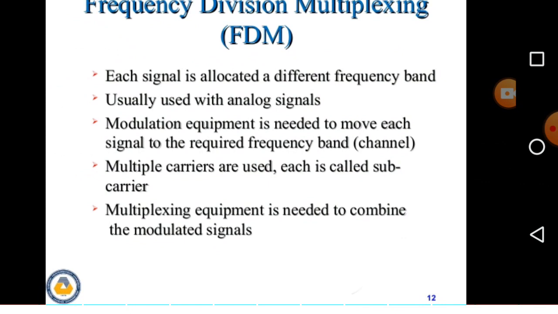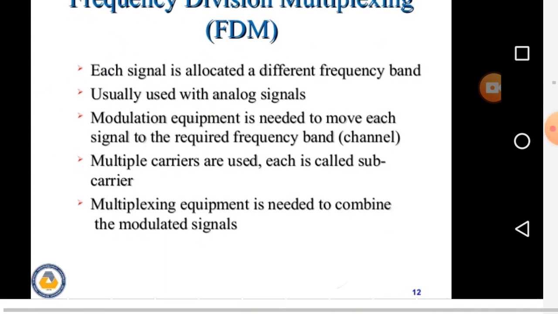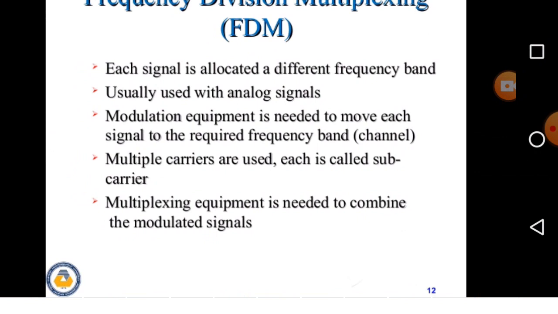Each signal is allocated a different frequency band, usually used with analog signals. Modulation equipment is needed to move each signal to the required frequency band. Multiple carriers are used. Each is called a subcarrier. Multiplexing equipment is needed to combine the modulated signals.